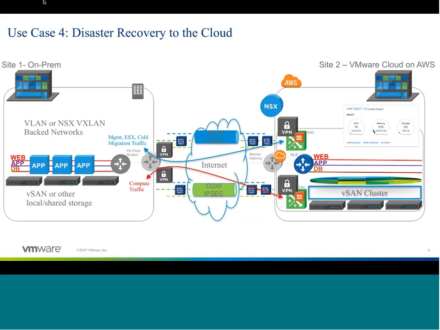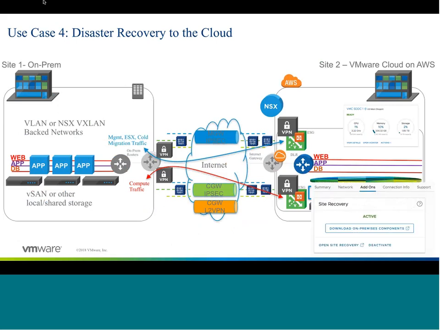So you have your on-prem environment, you deploy an SDDC in the cloud. Again, leverage the connectivity options, IPsec, or if you want to maintain consistent IP addresses, you can also leverage L2 VPN, Direct Connect.